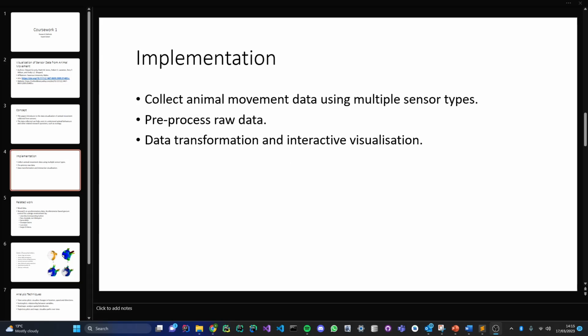In the implementation phase, we first need to collect the data of the animals that are moving through various sensors, such as triaxial accelerometers attached to the animals, GPS tracking, and satellite telemetry. To extract meaningful data from the raw data collected, we will need to process the data, so we can filter out some of the noises, errors, and inaccurate data.